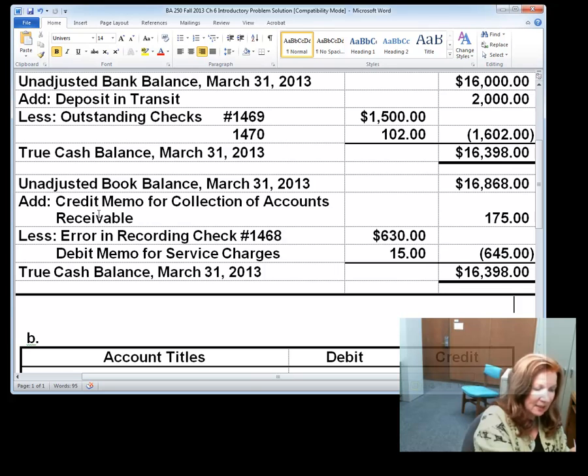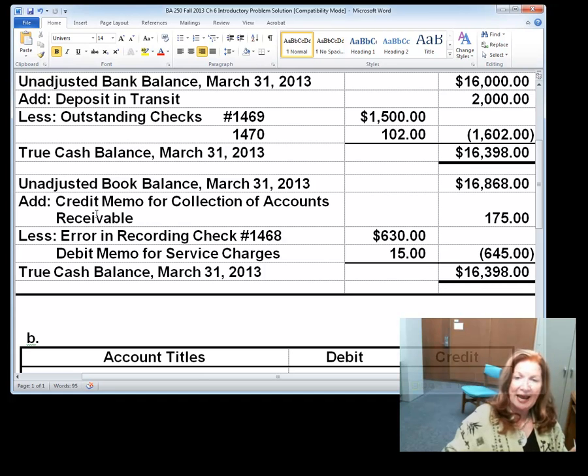So they collected a credit memorandum for us of $175, and it says a credit memorandum for accounts receivable. So we're going to add credit memorandum for accounts receivable right here, and that's $175. It's a collection. They've already put it in our checking account, and we need to add it back into our checking account.